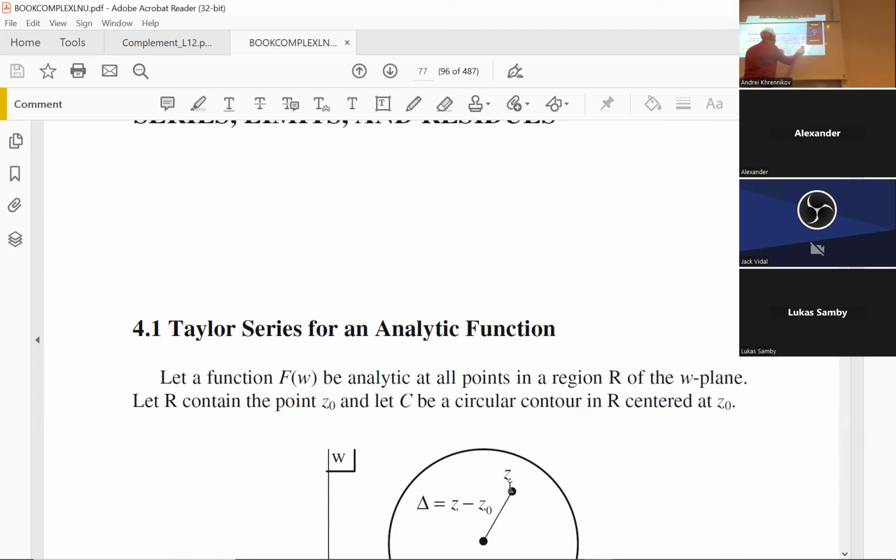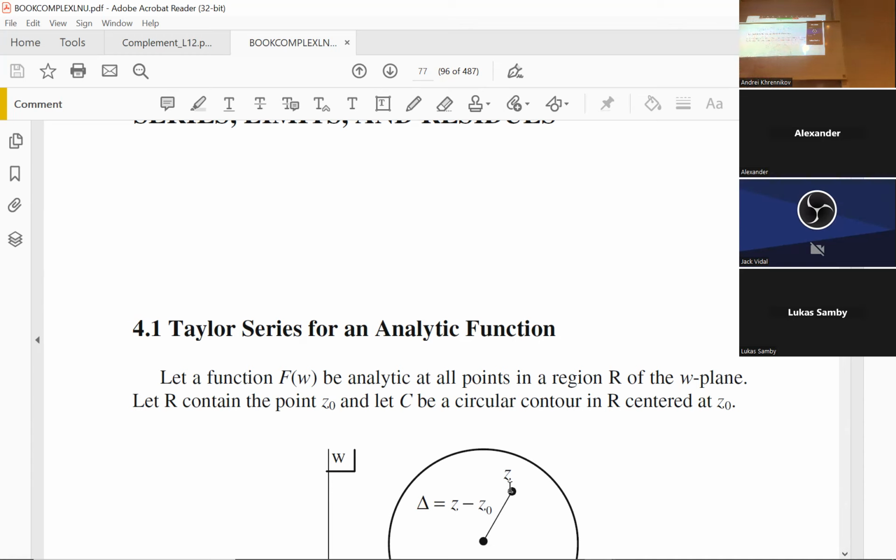Our aim this hour is to show that if a function is analytic around the point z0, it can be represented in the form sum over n from 0 to infinity of an times z in degree n, with some coefficients an. Not z^n, but (z minus z0)^n.